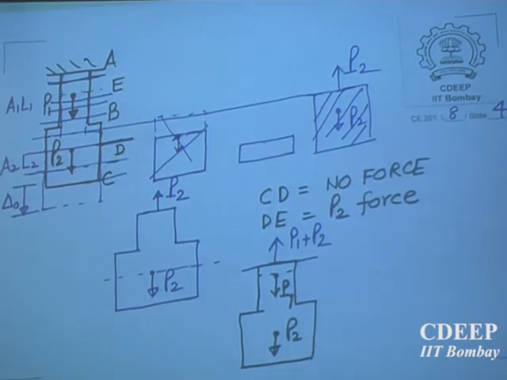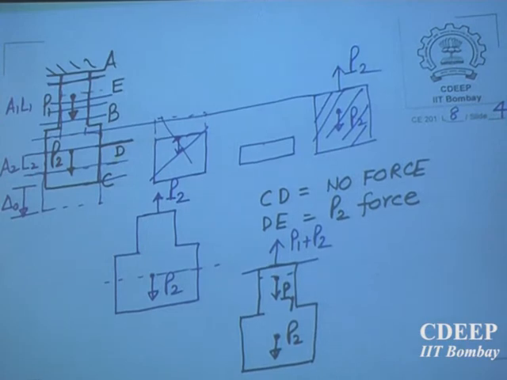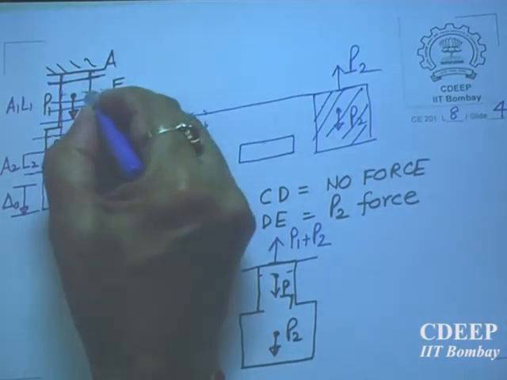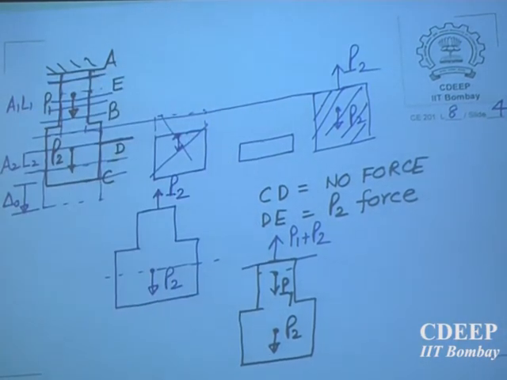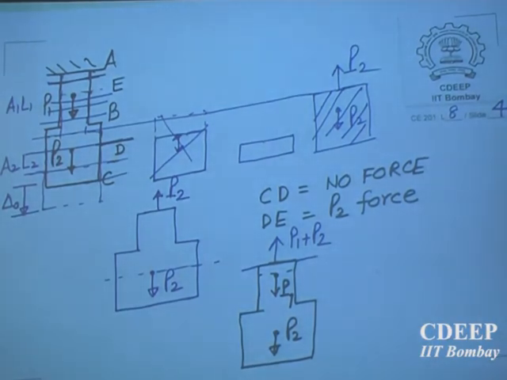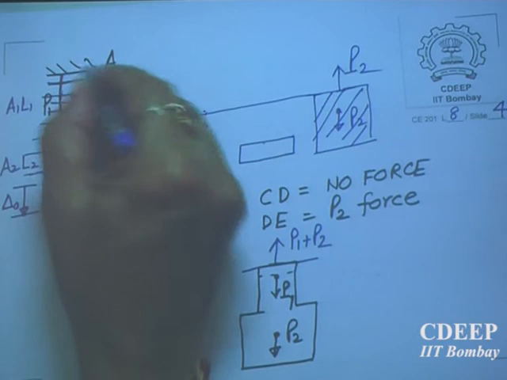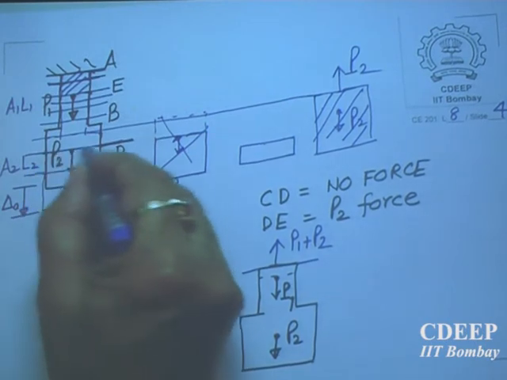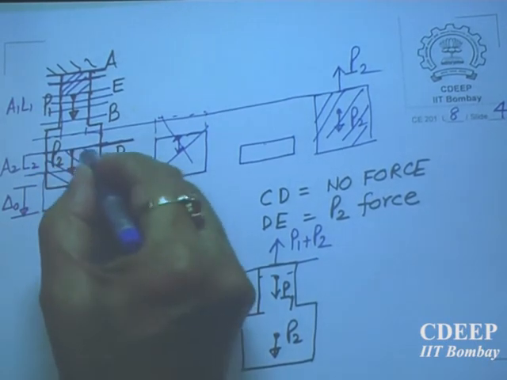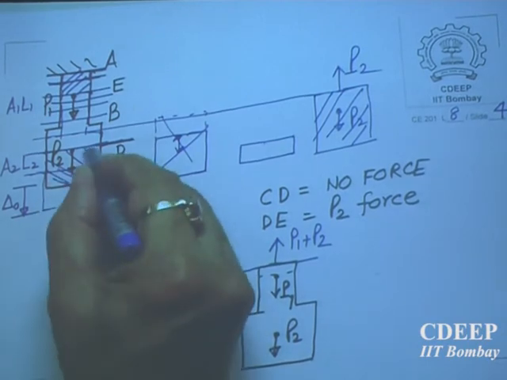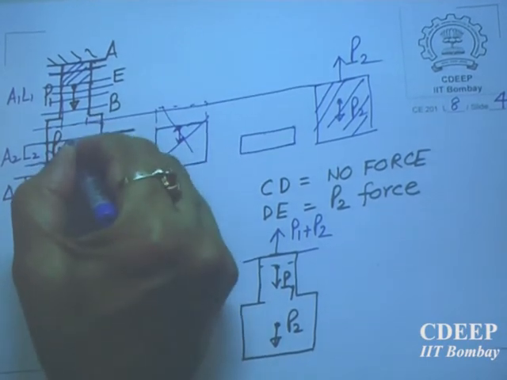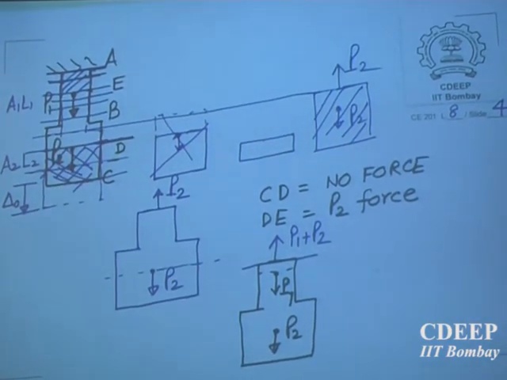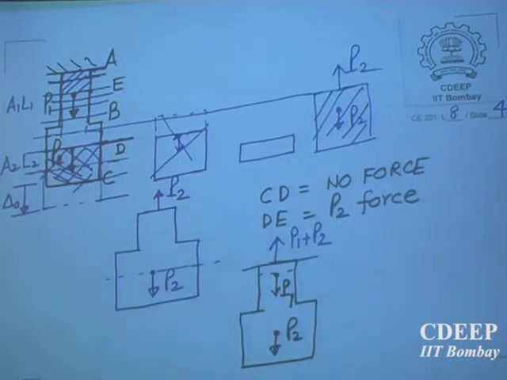Understand this; if you don't understand now, you will never be able to understand. So from E to A, every cross section is subjected to how much force? P1 plus P2. From here to here, this one is subjected to P1 plus P2. Then from here to here, this is all 0. And from here to here, it is P2. So can you not find out what will be the displacement delta naught?